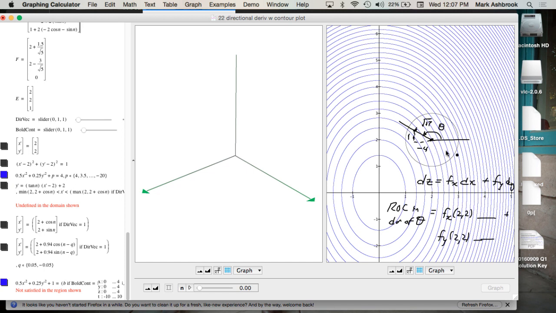I mean, we want to force r to be 1. So yeah, you had it. Just cosine theta, right? So if the change in x is cosine theta and the change in y is sine theta, doesn't that give us a change in the plane of 1? Because that's on the unit circle. And so this would be the change in z for a change of 1 in that direction. So that would be the rate of change in that direction. Does that make sense?